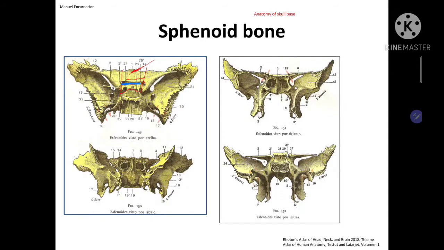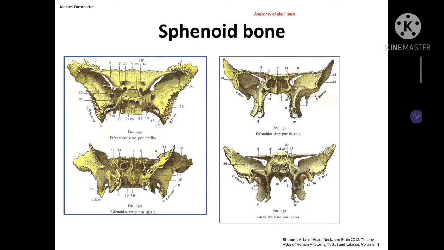The tuberculum sellae anteriorly limits the pituitary fossa, remember, also called the fossa hypophysaria, or sella turcica by its shape.